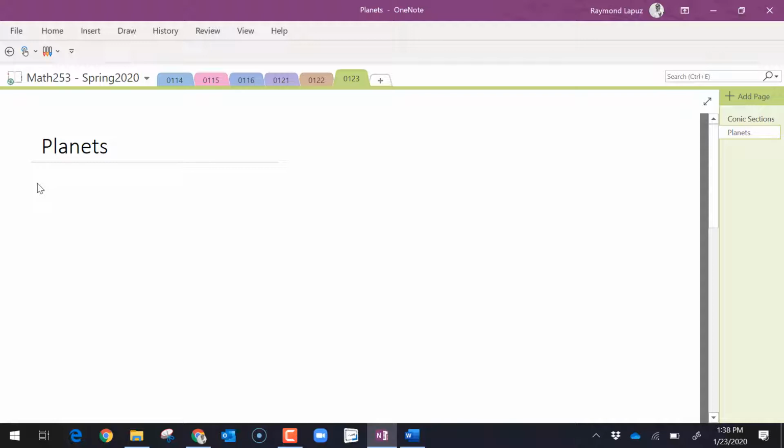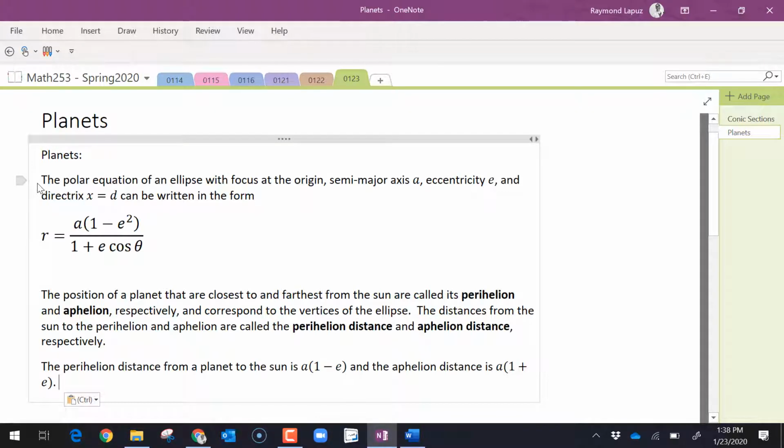They change the notation a little bit so that we can use another variable here. The polar coordinate equation of an ellipse with the focus at the origin, because we're studying this mainly for the ellipse, where a is the semi-major axis, eccentricity is e, and the directrix x equals d, can be written in this form.